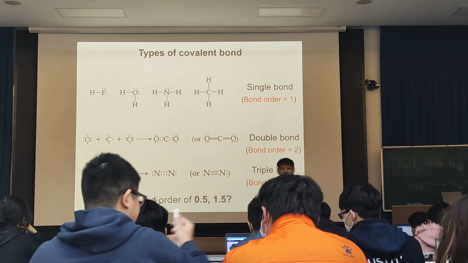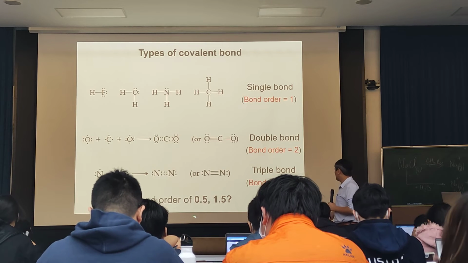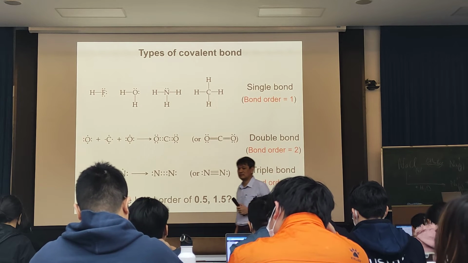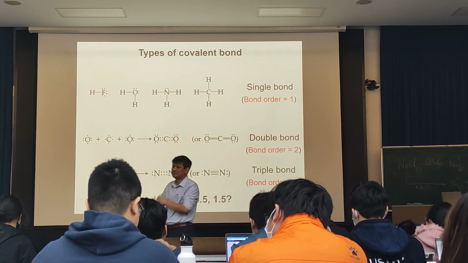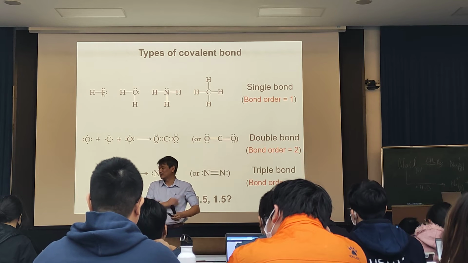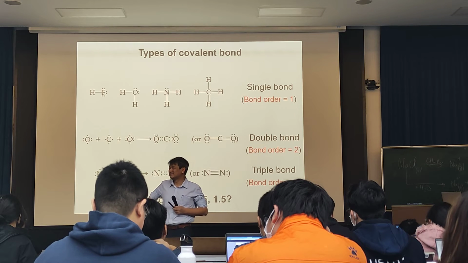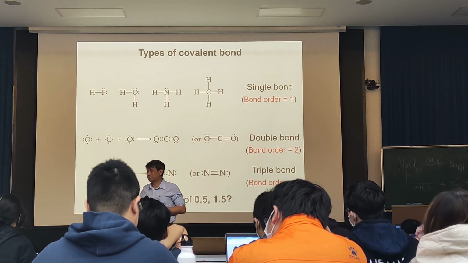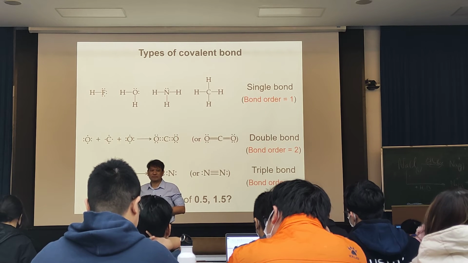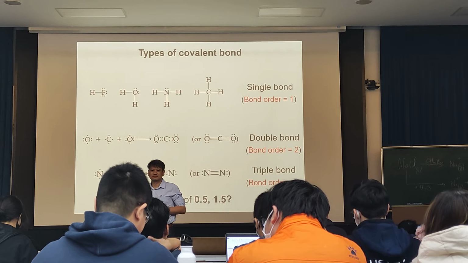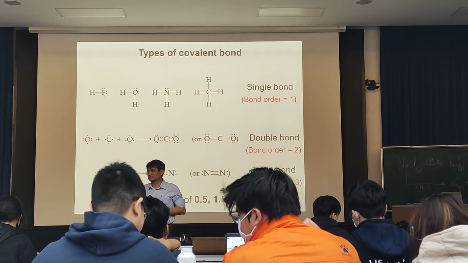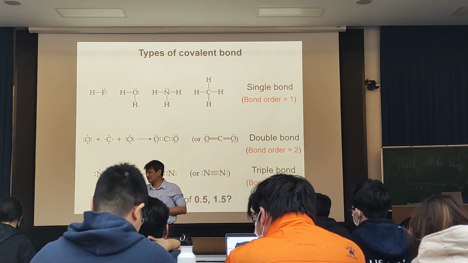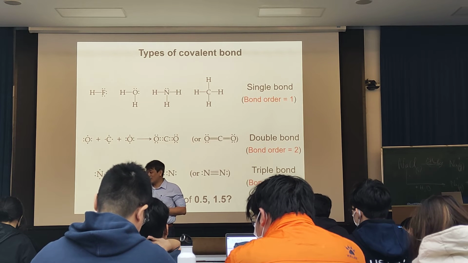So, the question, is it possible to have a bond order 0.5 or 1.5? No? Why? The 2 can share 1 electron, right?